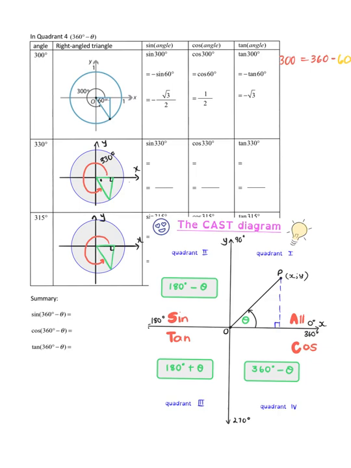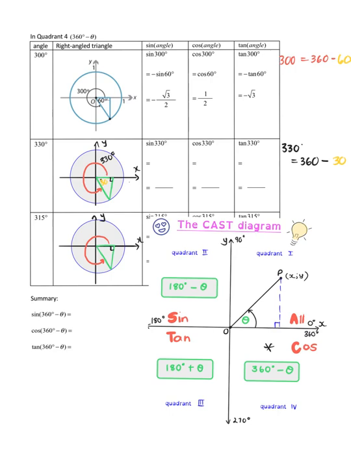So ask yourself, I need to write 330 as 360 minus something, right? Remember, we're in quadrant 4. So if I say 360 minus 30, that is the same as 330, right? 360 minus 30 is the same as 330. So that little angle in there is going to be 30 degrees.